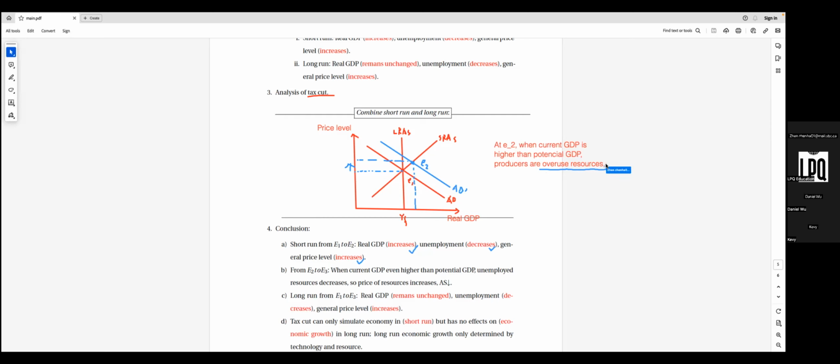Okay, and let's continue from here. So the price of resources will increase.